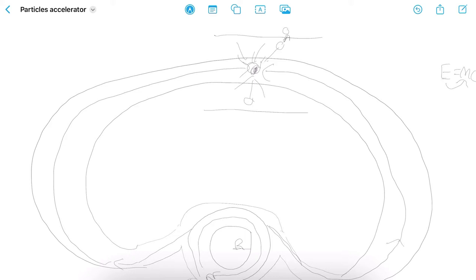And there are even more questions that we cannot answer with our physics model.